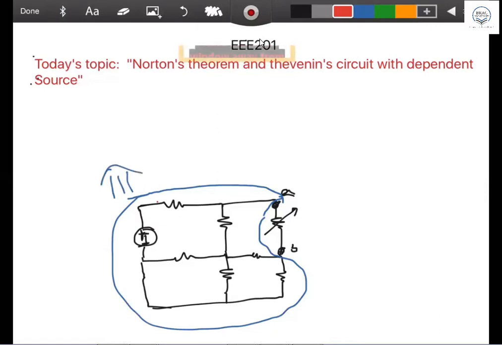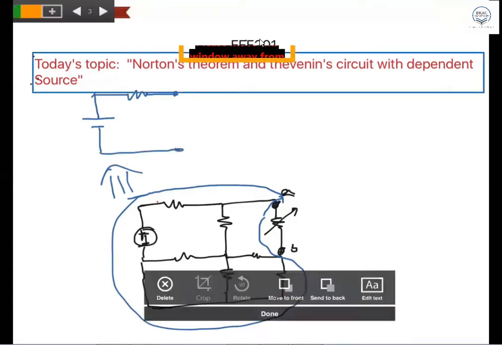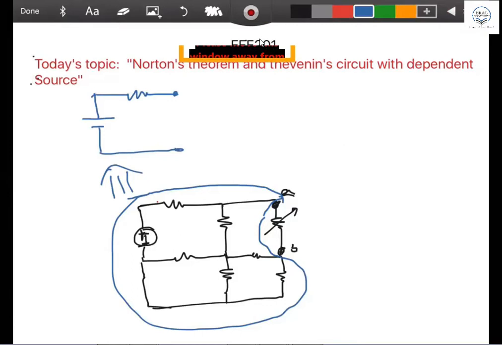Under the blue contour, he wanted to replace it by a battery and a resistance in series. This is what Thevenin's theorem is, that's what I told last class. And the resistance is R Thevenin, and the voltage source he had made equivalent was E Thevenin.